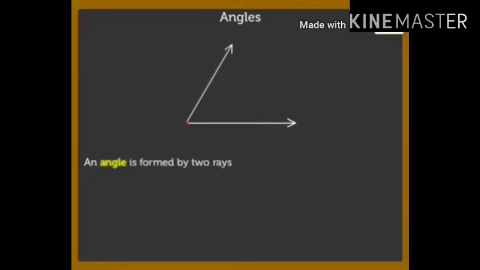Angles. Let's see some basic points of angles. An angle is formed by two rays that have a common endpoint. Here, Q is a common endpoint of ray QP and ray QR.